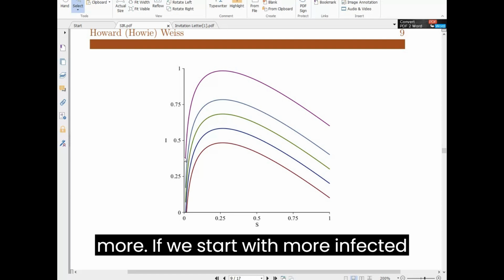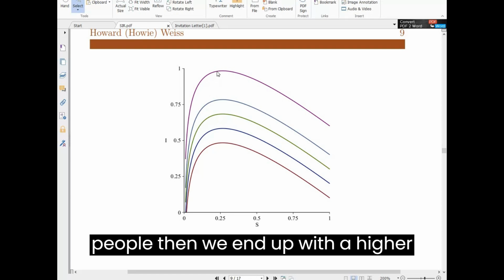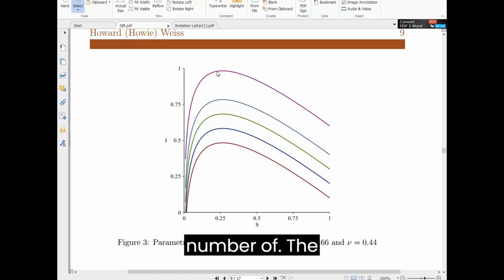If we start with more infected people, then we end up with a higher turning point of our curve.